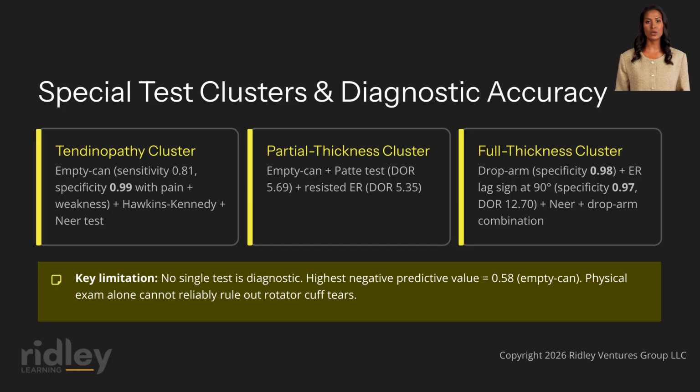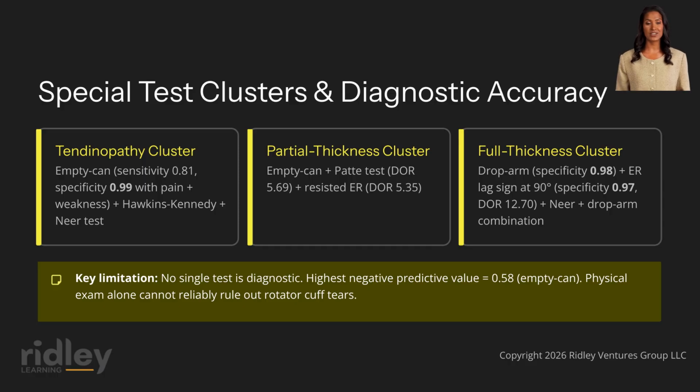The drop arm test alone is similarly highly accurate for confirming supraspinatus tears when positive, with very few false positives. For subscapularis integrity, the lift-off test demonstrates greater sensitivity than the bear hug test, while the hornblower test is more effective for assessing teres minor integrity in posterior-superior tears.